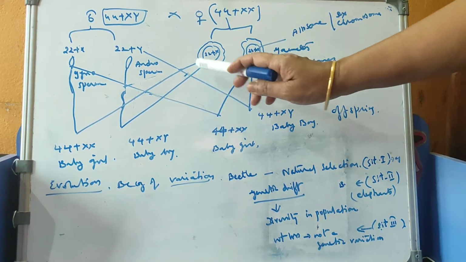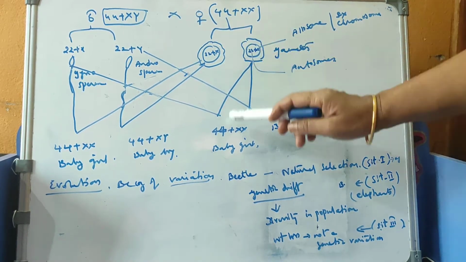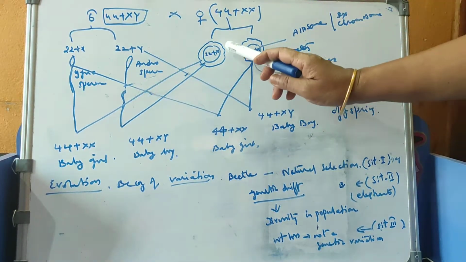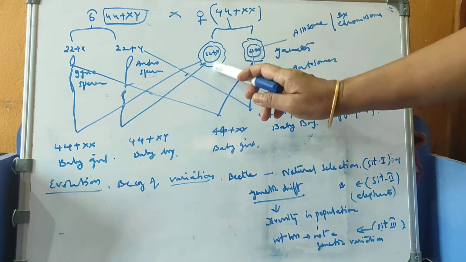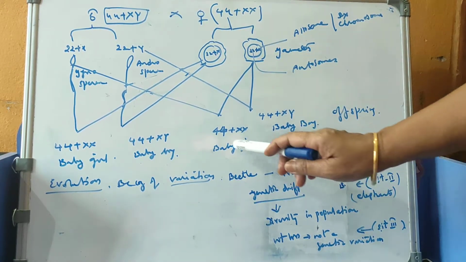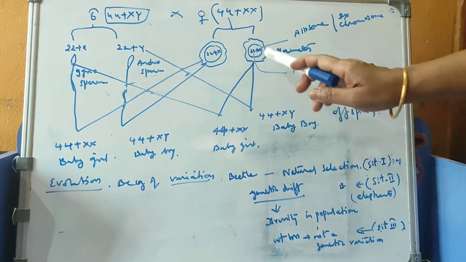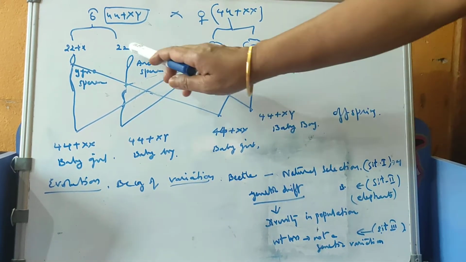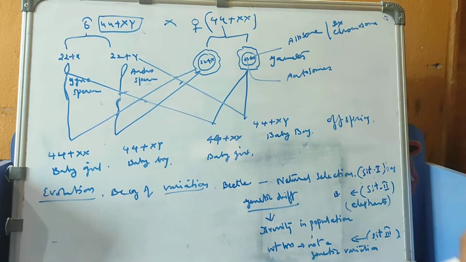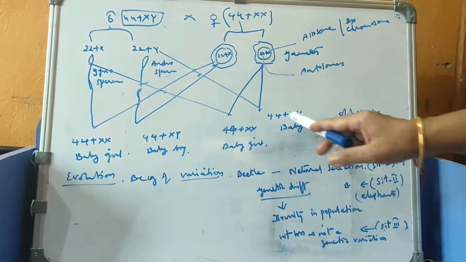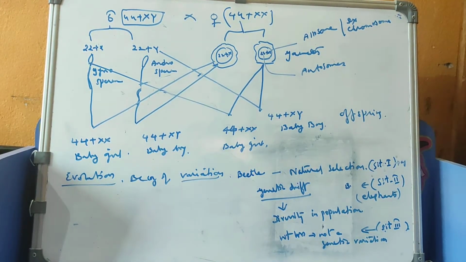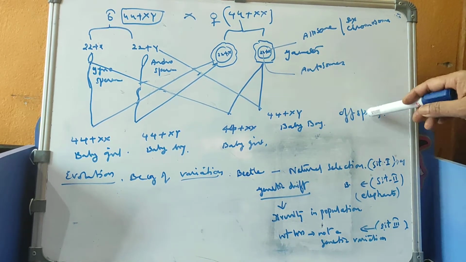The same way in the other case, gynosperm with gynosperm gives baby girl 44 plus XX, and here again a boy, that's why this is baby boy. So here two baby boys and two baby girls have been born. So this is the offspring ratio.